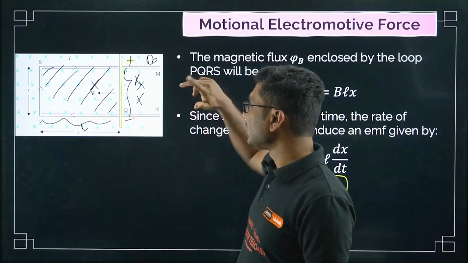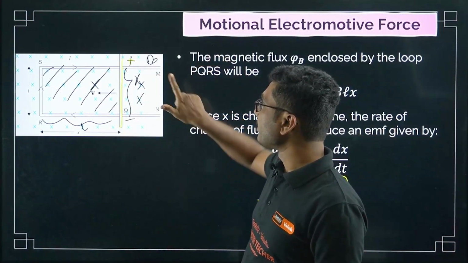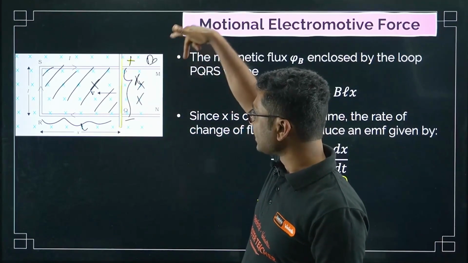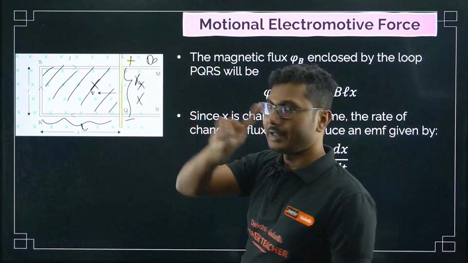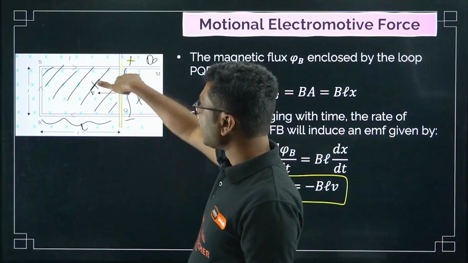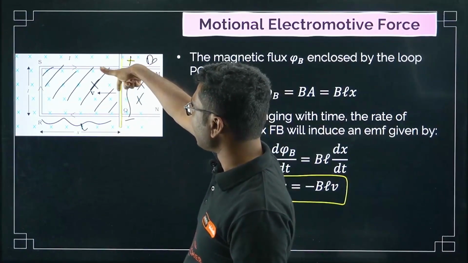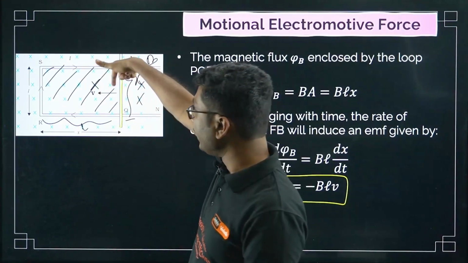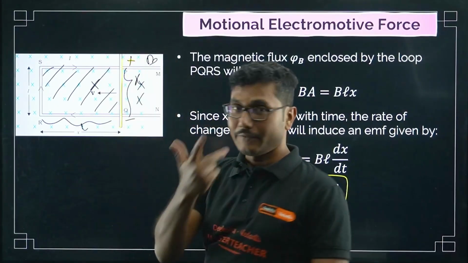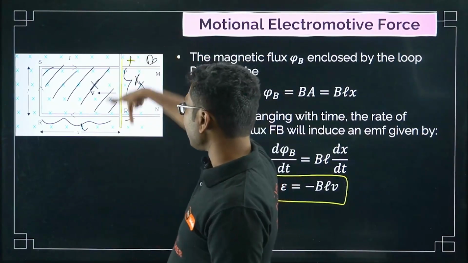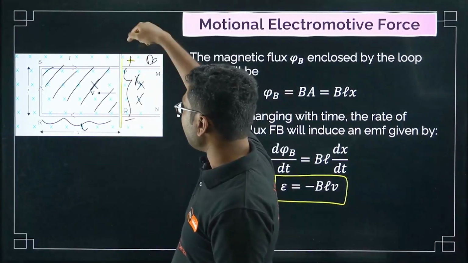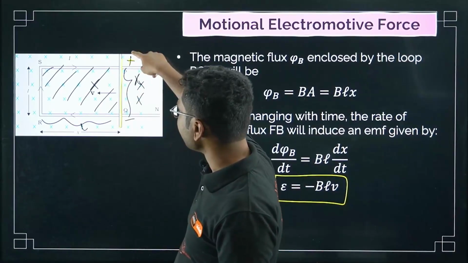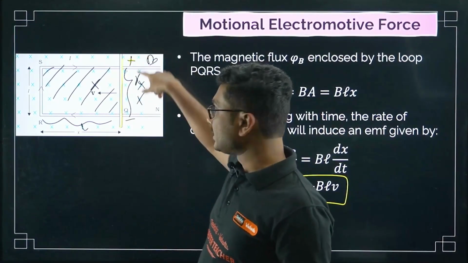This is the motion, this is the magnetic field into the page of the paper. This is the right hand thumb where the rod is moving, and this finger will give you the direction of current. This is the direction of current, so obviously this will be plus, this will be minus.